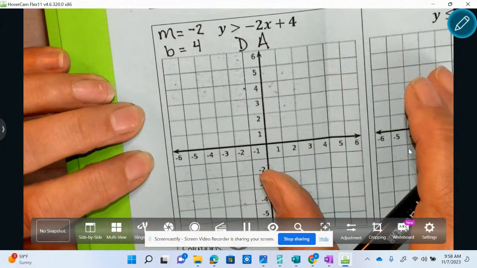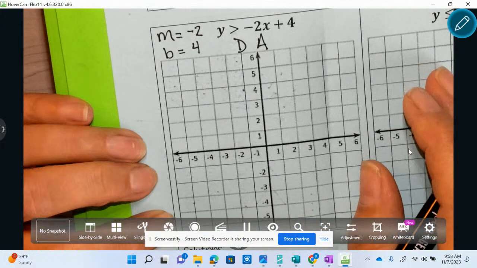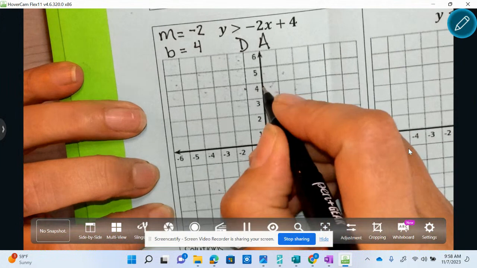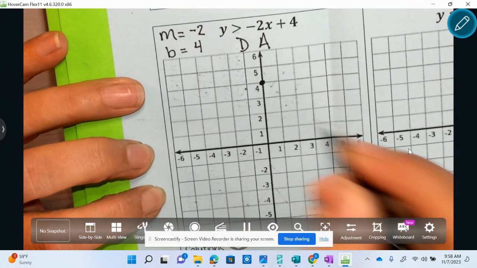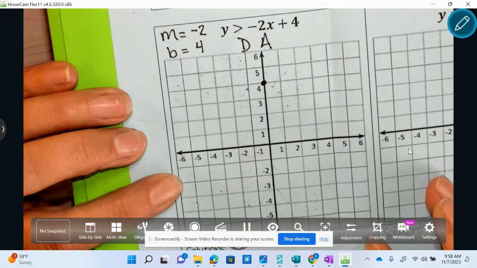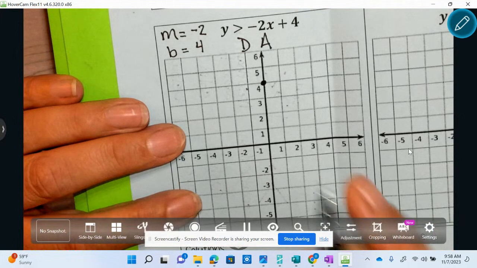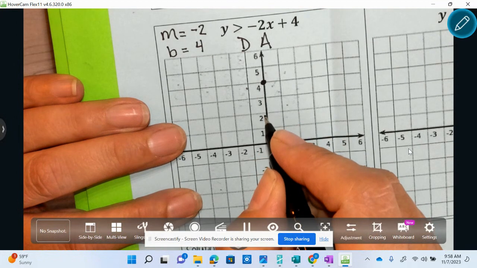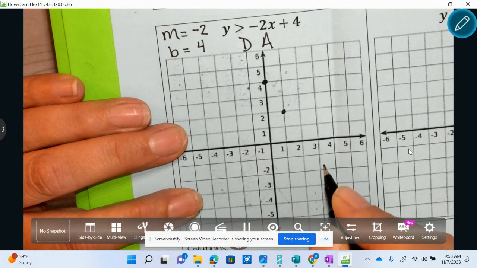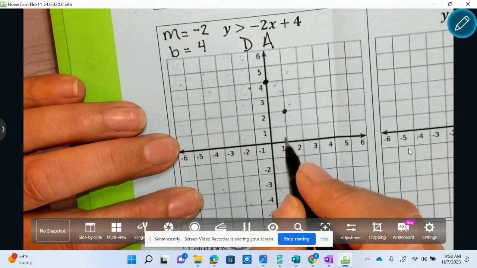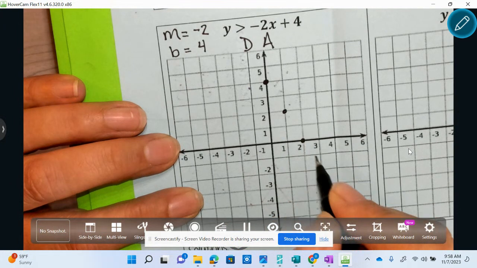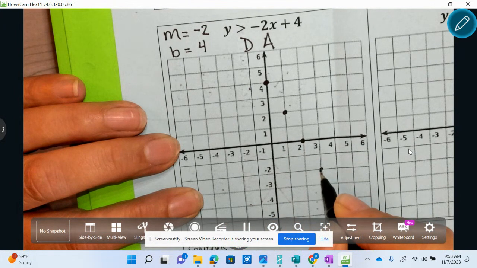Okay. So B is where I begin on the y-axis. So I'm going to go to positive 4 on the y-axis, and I'm going to plot my point. And then my slope is negative 2. That means I go down 1, 2, and to the right 1.